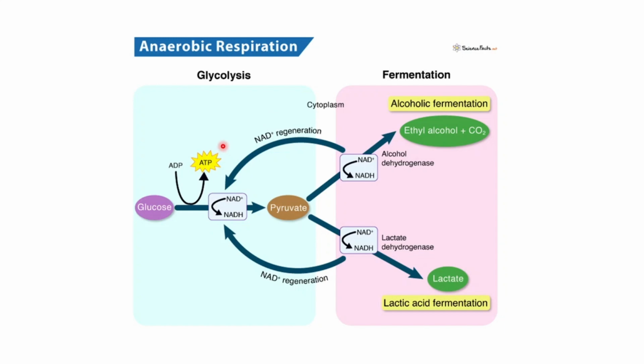But in this case, the pyruvate does not enter the mitochondria because obviously there is no oxygen around. Instead, it follows a different pathway altogether and gets converted into a different byproduct in the cytosol only. So this is a rough sketch of the mechanism.